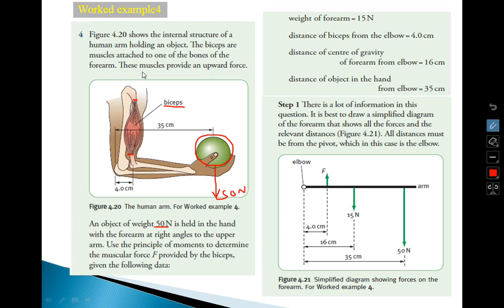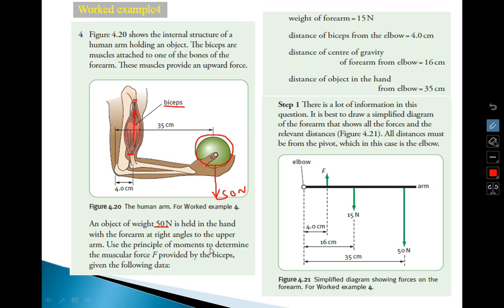So these muscles provide an upward force. This muscle is providing what? Upward force. So there is a force here, and a force here. An object's weight, as we said, 50 Newton, is held in the hand here, with the forearm at right angles to the upper arm.